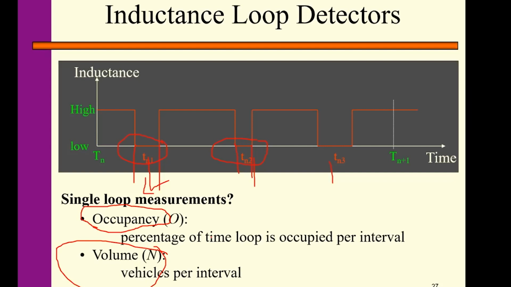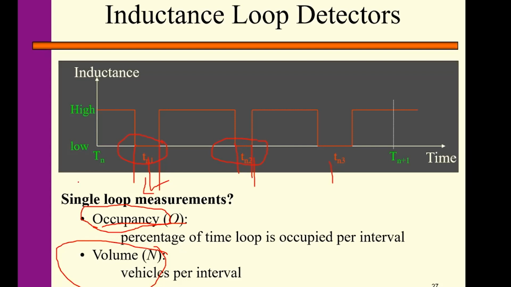Like I mentioned, there's a concept called traffic density. We cannot measure traffic density directly, so we have to convert occupancy to density indirectly, and that shows the congestion level. Density can be estimated based on single loop output. Occupancy is defined as the percentage of time the loop is occupied per interval.